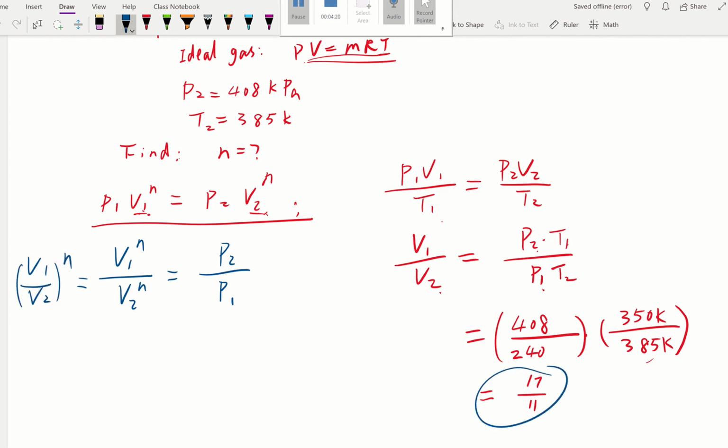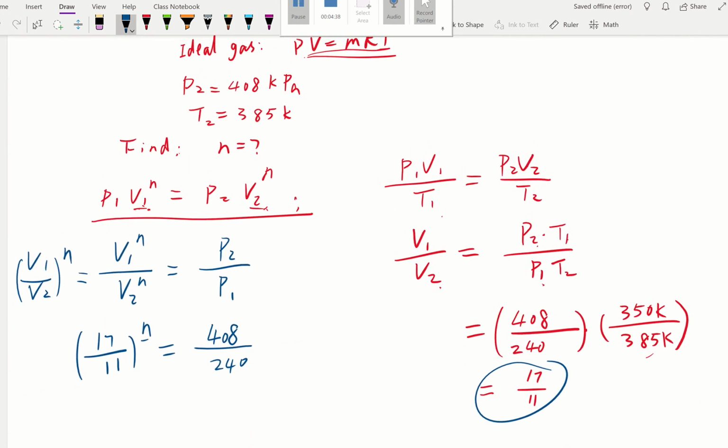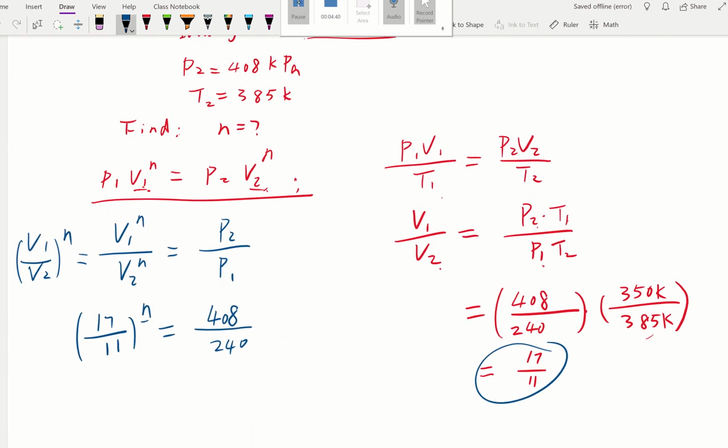Since we already know V1 over V2, substituting, 17 over 11 to the power n is going to be equal to P2 over P1. P2 is 408, P1 is 240. Verify. Yes, 240.